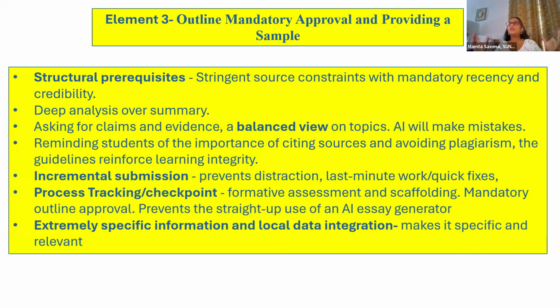For example, if your program is in Oswego, I want you to tell me how many teenagers take drugs in Oswego, right? What does the substance abuse problem look like in Oswego? And ChatGPT and other AI sources that they use are not very good with it. So it restricts them from using AI to some extent. So that's element 3 so far.